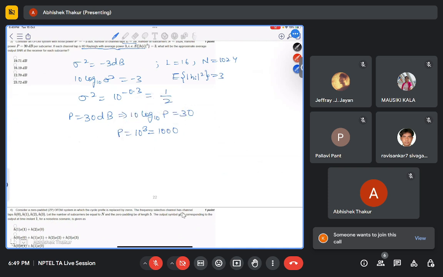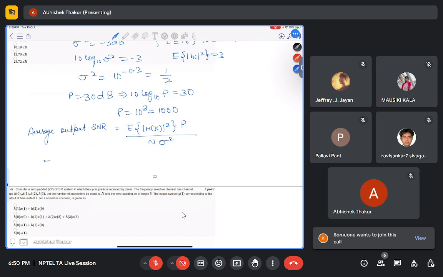The average output SNR will be the expectation of HK square into P divided by noise power into N. First we have to find the expectation of this term.